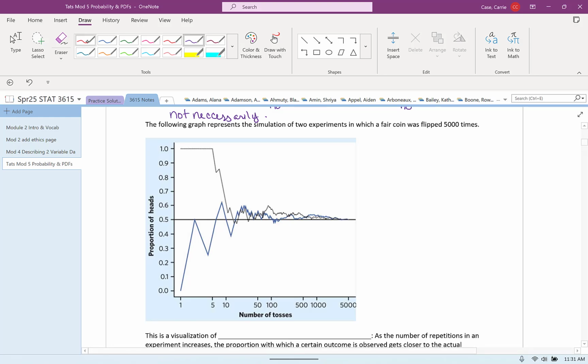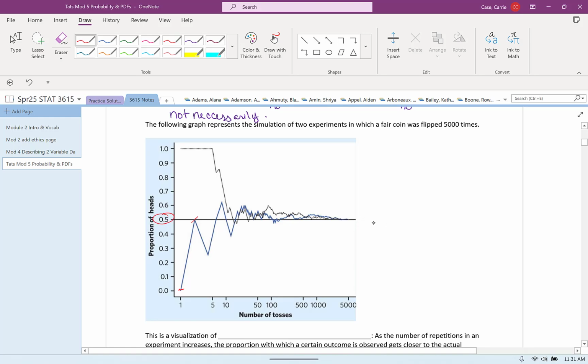In one of these examples, we got 0 heads the first time, so the probability of heads was 0. Then the second flip, I got heads, and so the probability of heads is 50%. And then I continued to flip over and over again. And what you see with this blue line is that it's stabilizing at 50% heads.